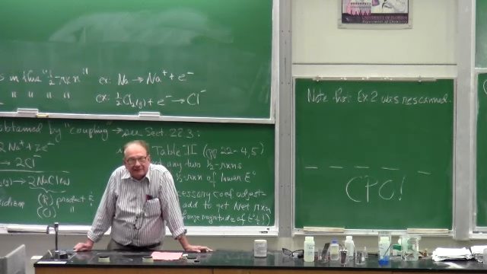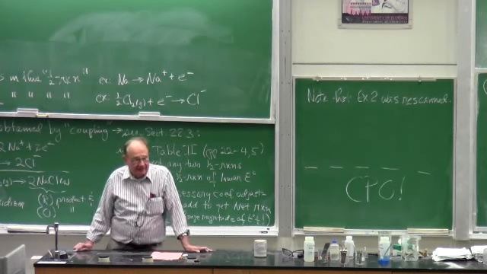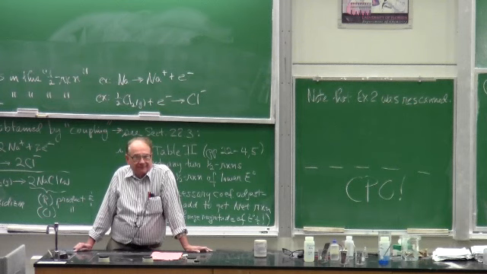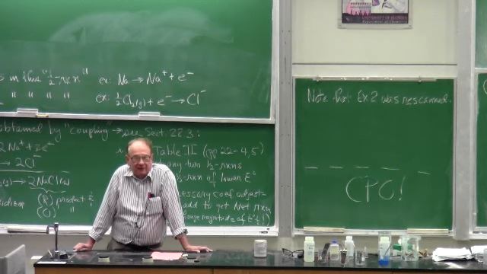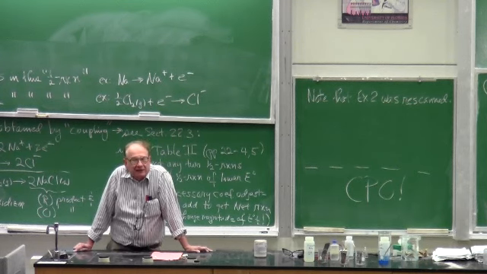For now, I ask that you accept the statement that practically there's nothing in the table which can reduce Li+, just like there's nothing in the table which can oxidize Li, which can oxidize fluoride ion, pardon me.